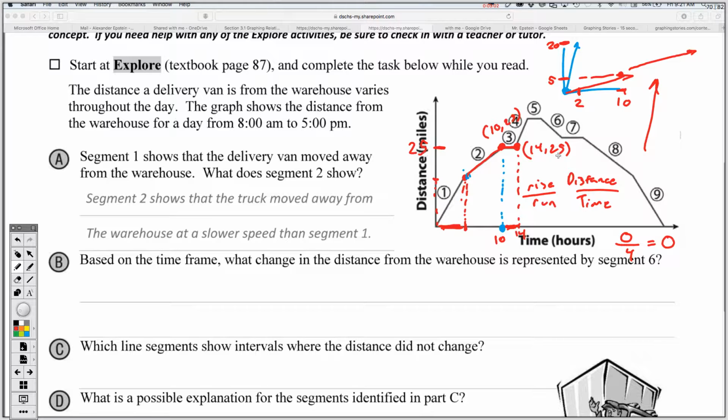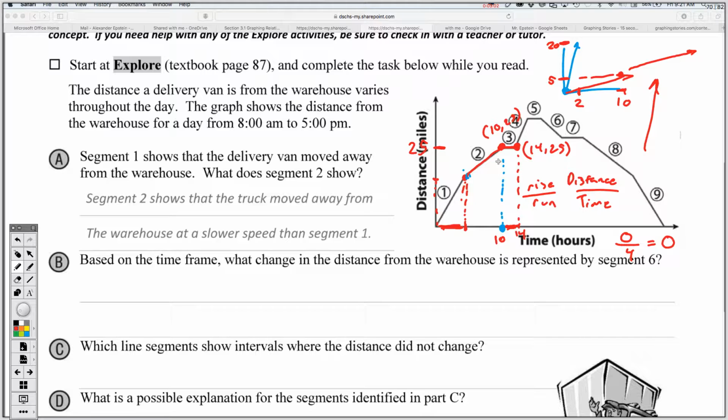Okay, did your y value change at all from this one to this one? What did the y value represent? Well, what does that 25 represent? What's the label? Distance. Okay. Did the distance change? No. So what happened to the van? What do you think could be happening to where he's just staying still?